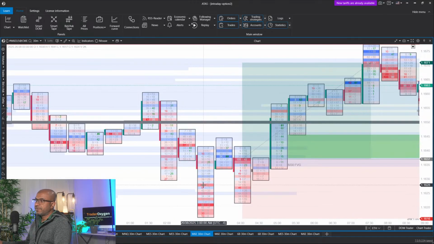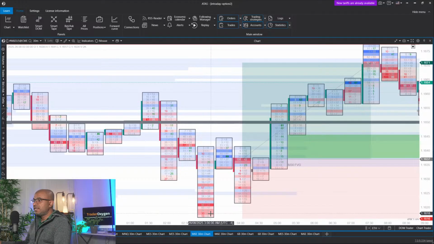If it's positive delta, it will be blue color. If it's negative delta, it will be red color. Positive delta means buyers are in control, basically aggressive buyers have emerged. If it's negative delta, that means aggressive sellers.